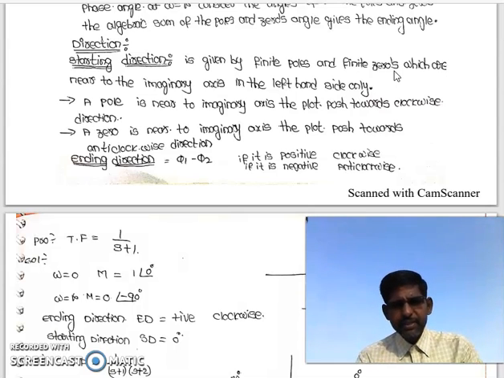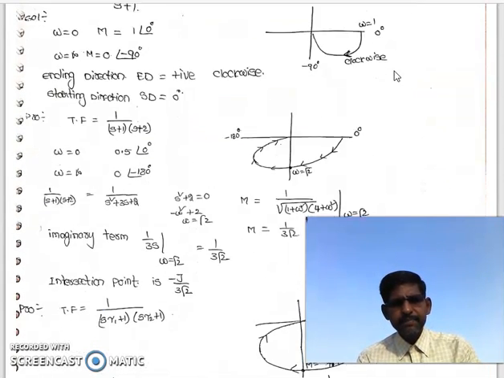If a pole is near to the imaginary axis, the plot pushes towards the clockwise direction. If a zero is near to the imaginary axis, the plot pushes towards the anti-clockwise direction.